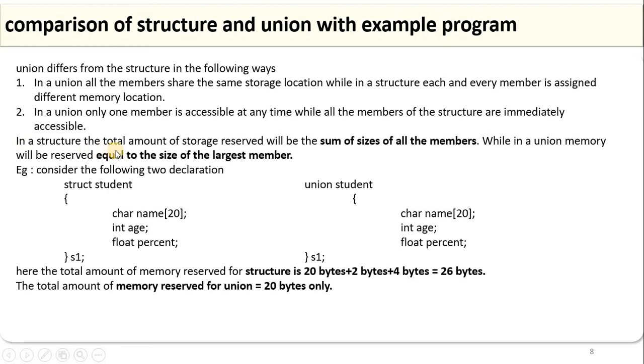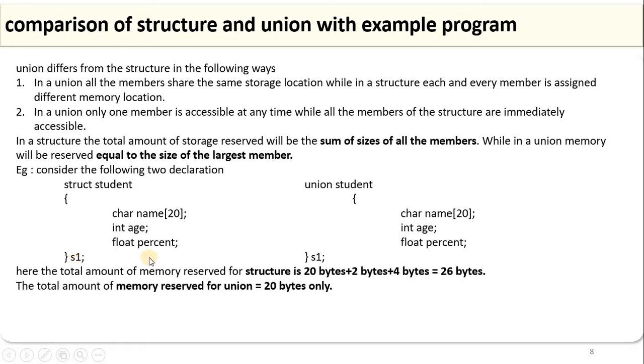In structures, the total amount of storage reserved will be the sum of sizes of all the members. Let's see here in this struct student: you have a character name, int age, and float percentage, and S1 is a variable.